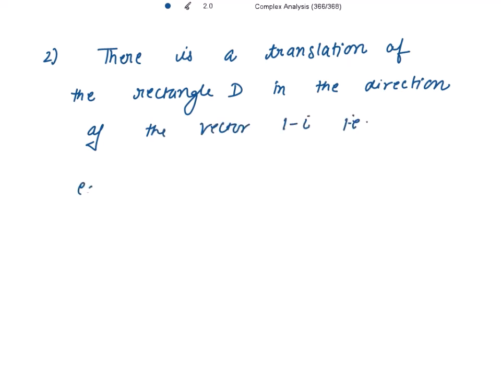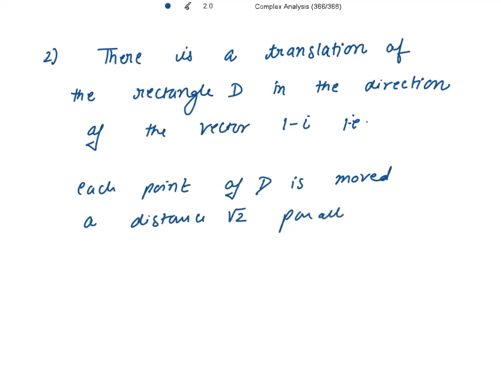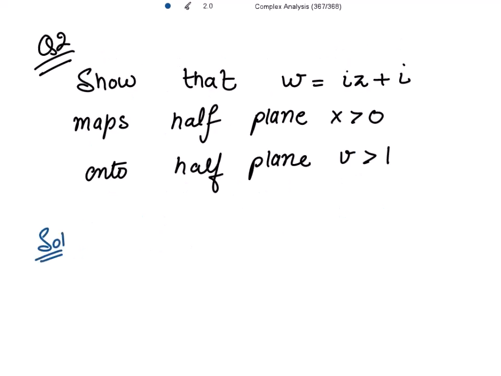That is, each point of D is moved a distance square root 2 parallel to the line y equal to negative x, if we consider the transformation in the Z plane only, right? Okay, let's move on to the next question.